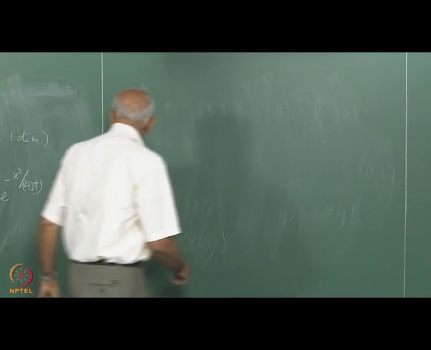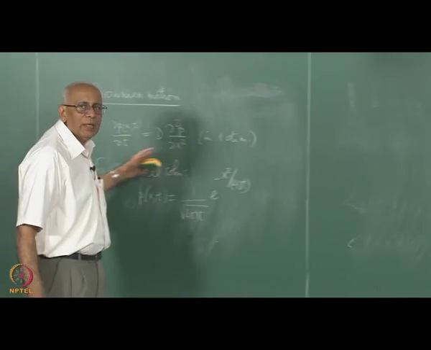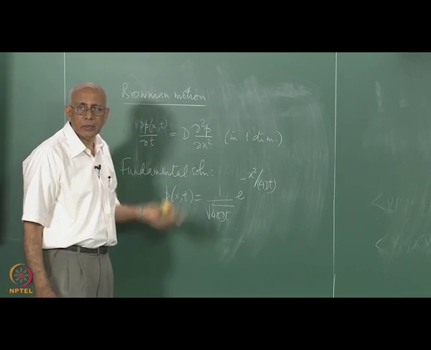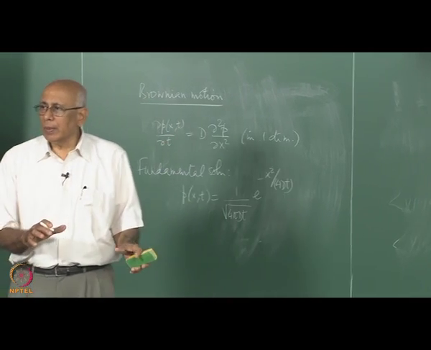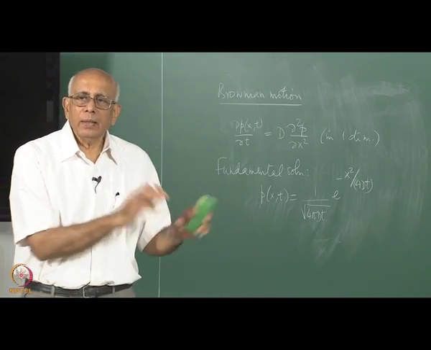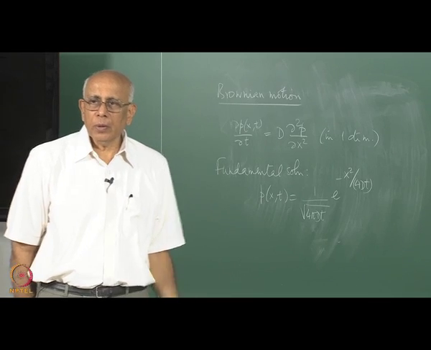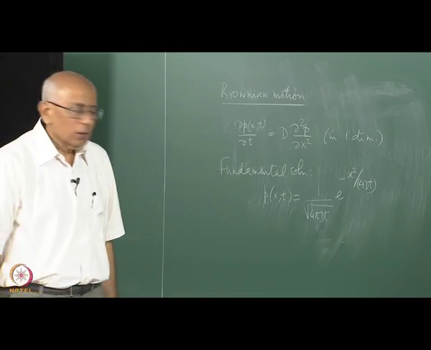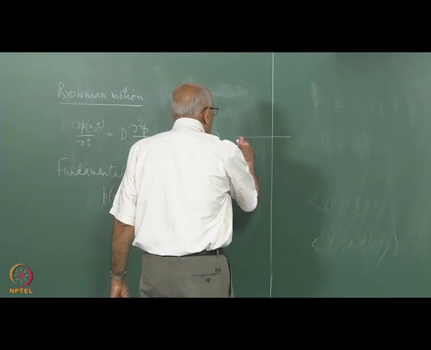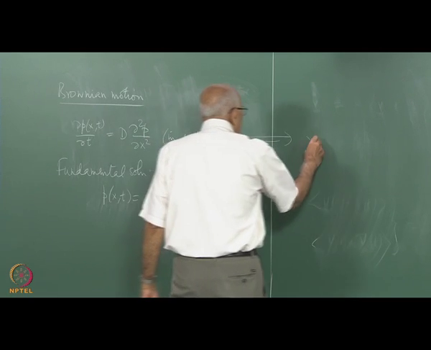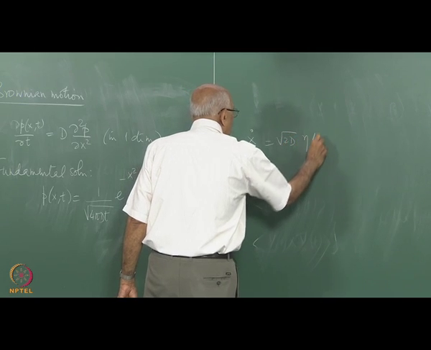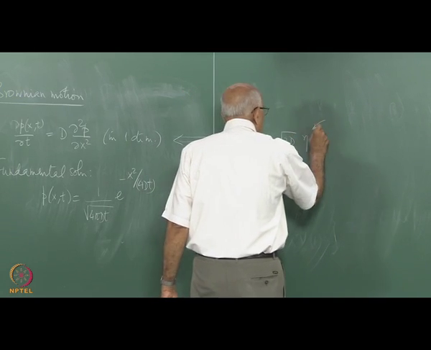Now we ask, what is the stochastic differential equation satisfied by x corresponding to this equation? We have this correspondence between diffusion processes, Fokker-Planck like equations, and stochastic differential equations, which we call the Langevin equation. So by that correspondence, this is entirely equivalent to saying x dot equal to square root of 2D times eta of t, where this is a Gaussian white noise.